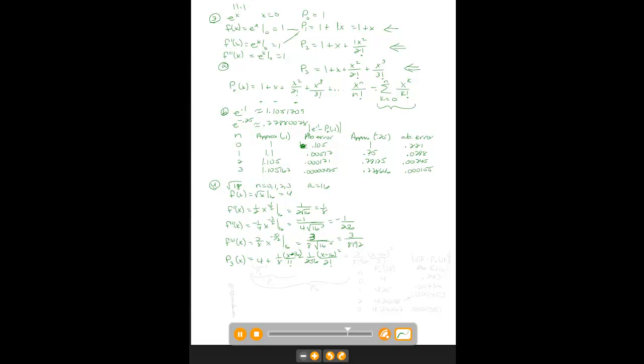And this is over 2 factorial. And then the third derivative, 3 over 8192, x minus 16 to the third over 3 factorial. So if I'm looking at this in pieces, just this piece is p sub 0. This much is p sub 1. All the way to here is p sub 2, and the whole thing is p sub 3.